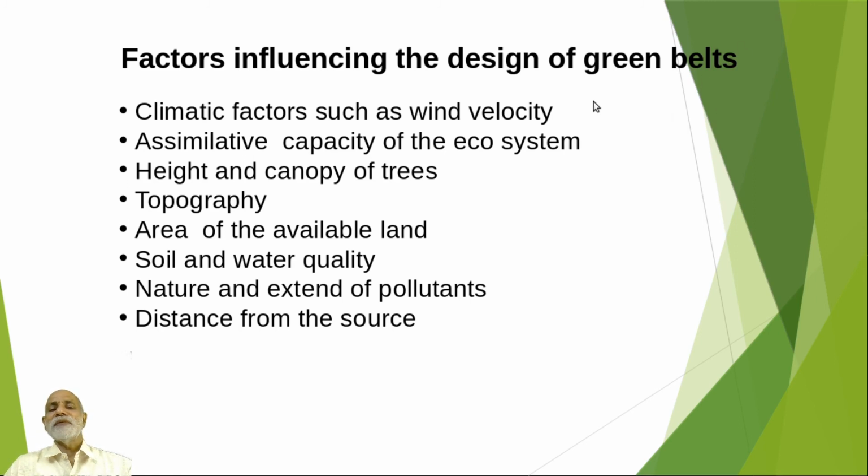So whenever we are going to develop a community forest, we have to design it. We have to select what type of trees to be planted and where to plant them. And you have to study the quality of the soil, also the quality of the water, and what type of pollutants are to be removed. So what is the distance from the polluted area to the community forest, etc. So there are certain factors that we have to study before developing a green belt.